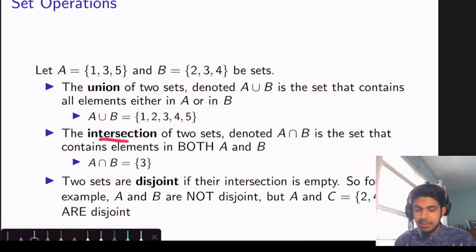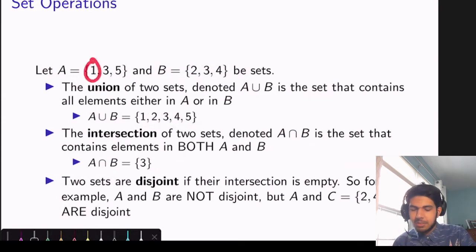Next is the intersection, and that's denoted as A, and then this upside down U symbol, which we say as intersect. So A intersect B is also a set, but it's the set that contains elements in both A and B. The way we can do this is look at both of our sets and determine which elements are in common to both. We can just look at one set and then check the other set for each element.